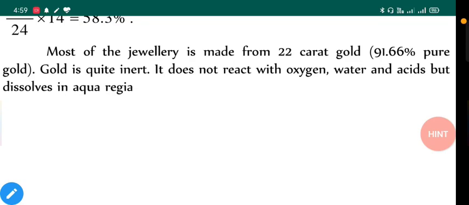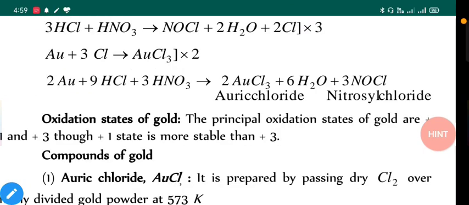So gold is quite inert, it does not react with oxygen, water and acids but dissolves in aqua regia. So HCl with HNO3 gives NOCl plus H2O and 2Cl, this 3 times. So Au plus 3Cl gives AuCl3, 2 times. That means we need 3 moles of NOCl.